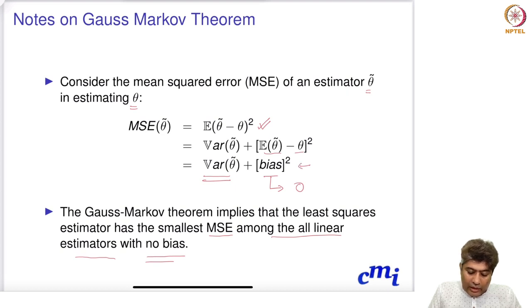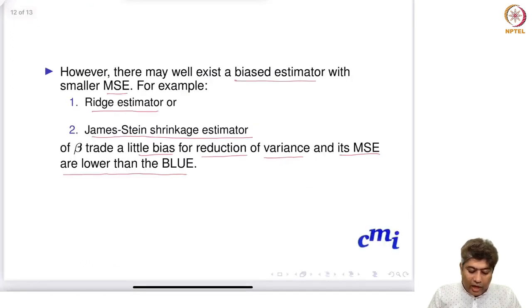If you can reduce the variance significantly, then the overall mean square error can go down significantly, and in that case the mean square error is even lower than that of the best linear unbiased estimator.